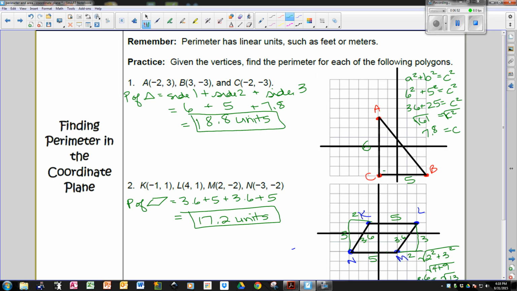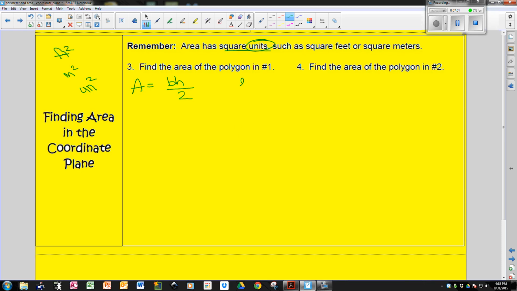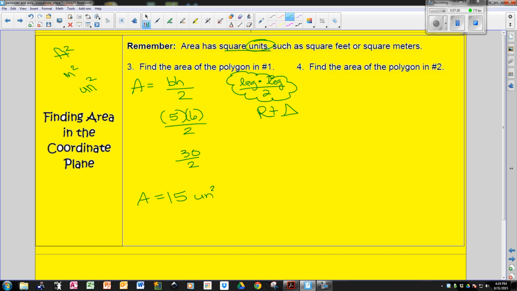So since it's a right triangle, all you need are the legs. So the area of a right triangle basically is like saying leg times leg divided by 2. So that's how you find the area of a right triangle. So the legs are 5 and 6. So that would be 30 divided by 2, which is 15 units squared.